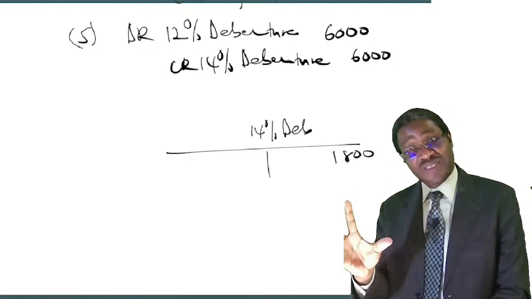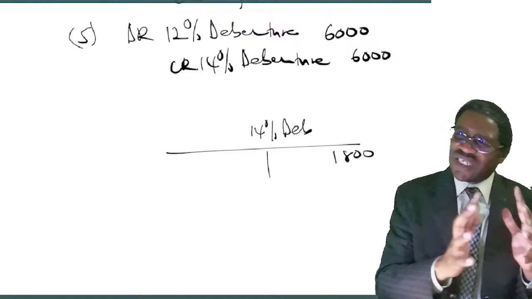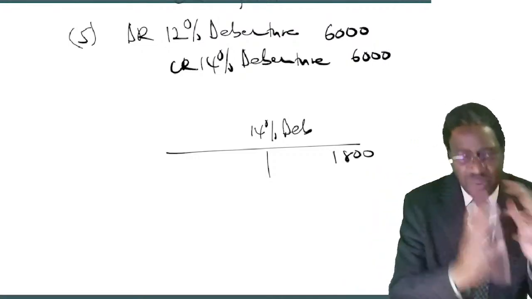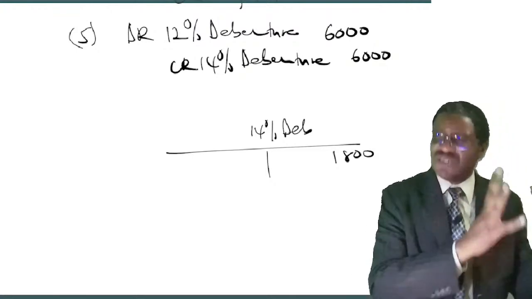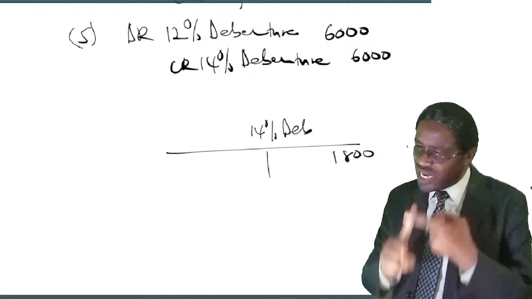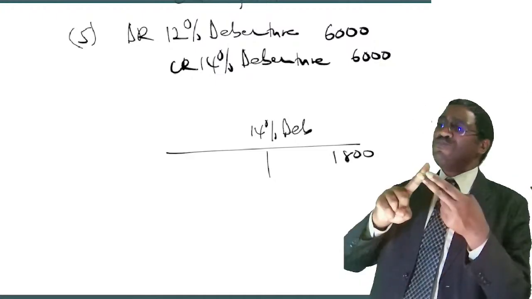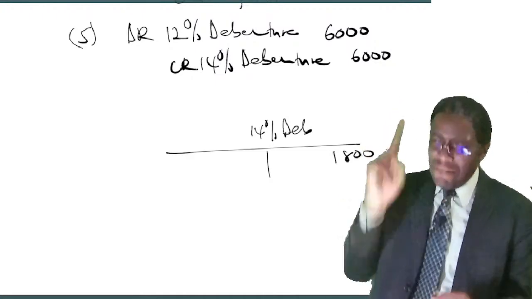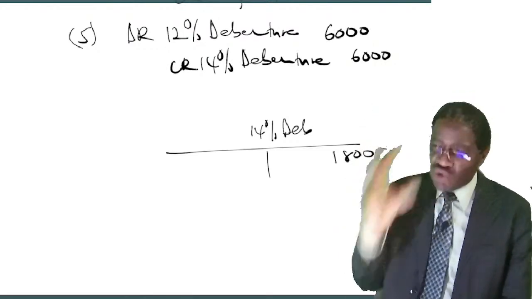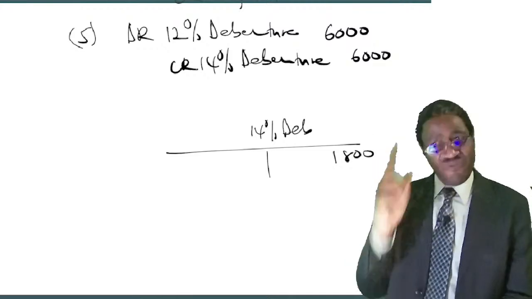So whether you issue at a discount or at a premium, the other part you deal with separately, but the share capital account and the debenture account must always be maintained at their total nominal value.